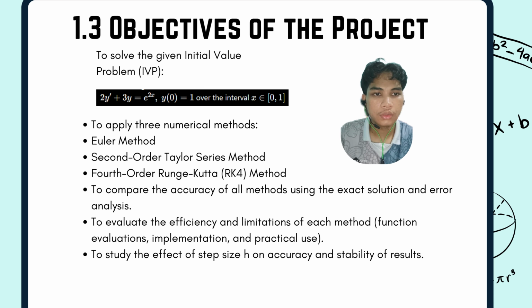Next is to compare the accuracy of all methods using the exact solution and error analysis. Next is to evaluate the efficiency and limitation of each method in terms of function evaluation, implementation, and practical use. And lastly is to study the effect of step size on accuracy and stability of the result.